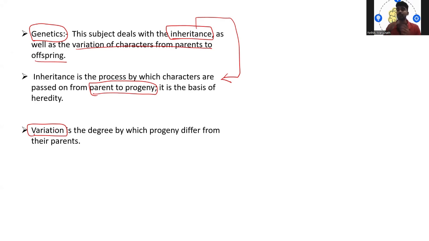We do not resemble our parents completely, but we do resemble them somewhat. How is that possible? It is through variations. Variation is the degree by which progeny differs from their parents.